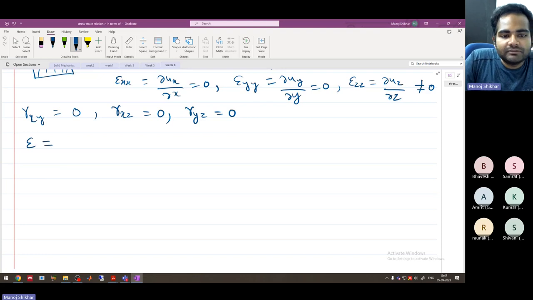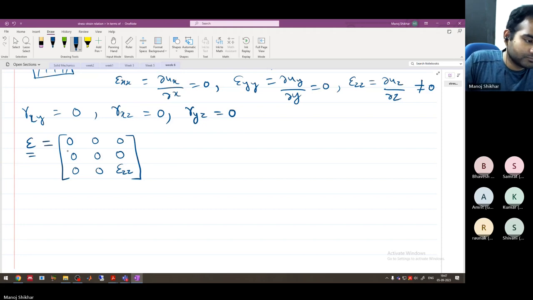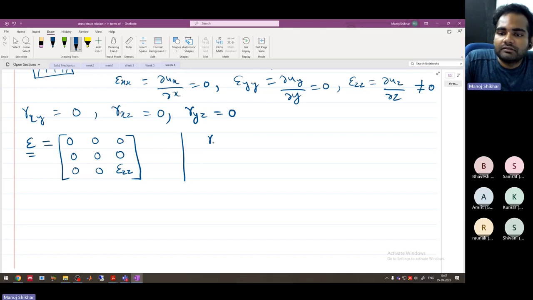So our epsilon tensor is basically diagonal. From the relation of stress and strain, we know that tau ij is gamma ij times G. We are taking G here because they have given an isotropic material.